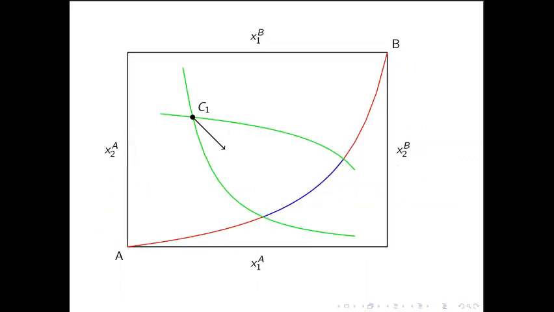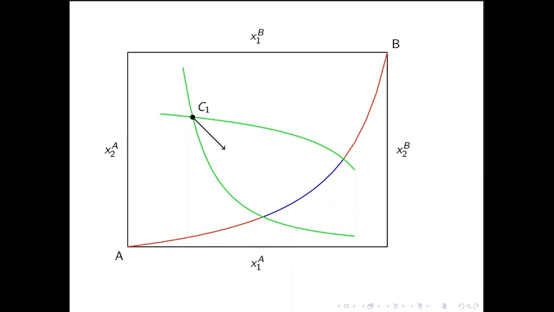Here I have drawn the contract curve and the two indifference curves that go through the initial point. I have also drawn the core, which is the blue line. The core is the part of the contract curve that is Pareto superior to the initial allocation C1.